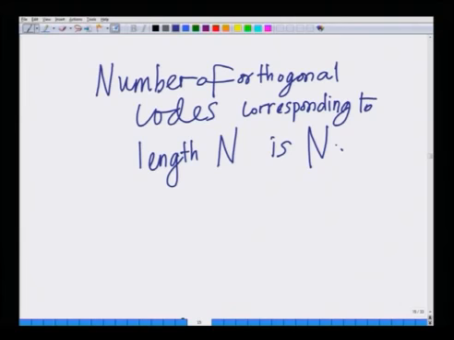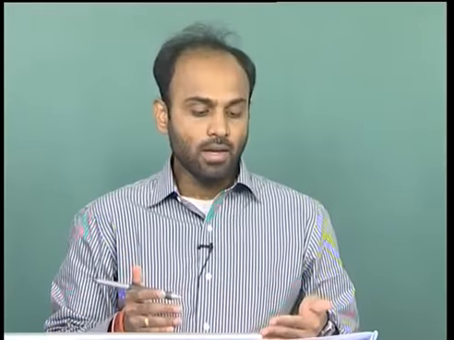So, if I am given a code length of n, the number of orthogonal codes that exist is nothing but n. Hence, I can multiplex n users, because I can transmit one information stream per code. Given n orthogonal codes, I can transmit n streams of information.